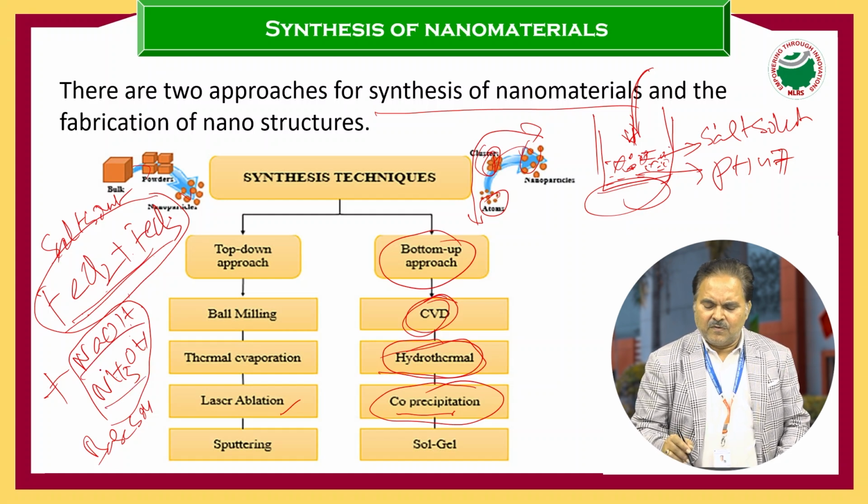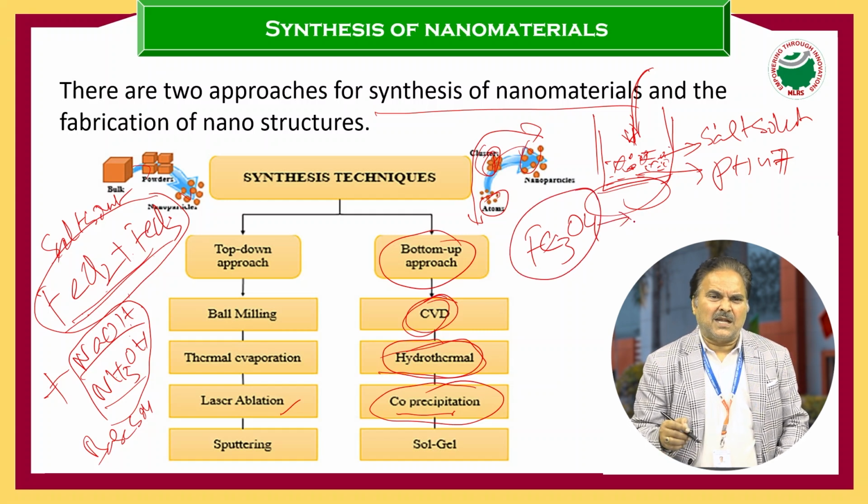So we directly get iron oxide plus NaNO3. If you dissolve that in water, NaNO3 also goes out, and you get pure iron oxide, Fe3O4 nanoparticles.